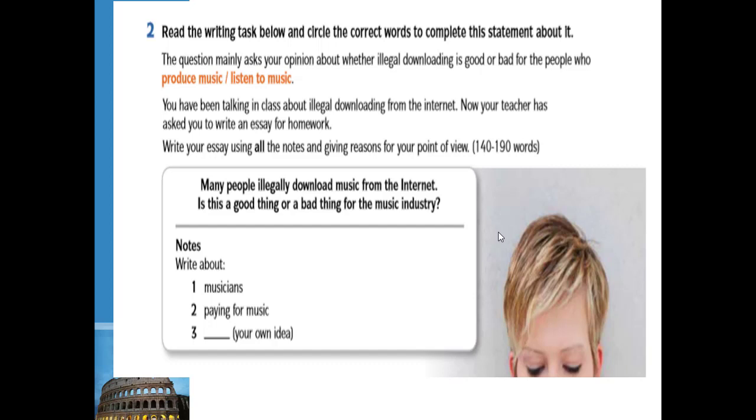Write your essay using all the notes and giving reasons for your point of view. So your essay must be written in 140 to 190 words. Many people illegally download music from the internet. Is this a good thing or a bad thing for the music industry? The notes are: write about, first, musicians, 2, paying for music, and number 3 is your own idea.